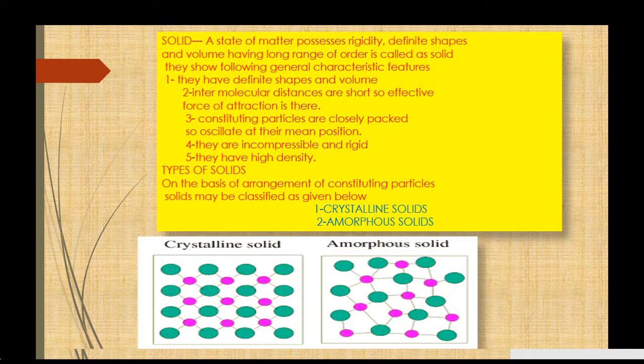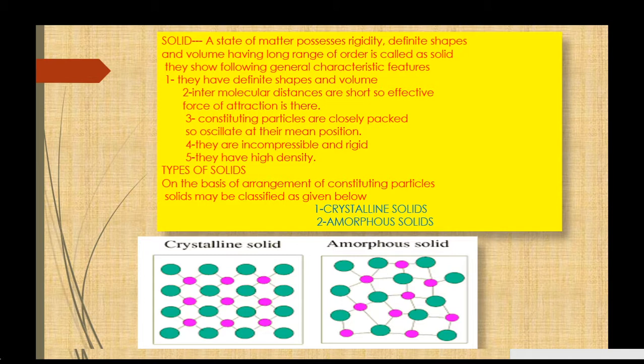If the physical state of a matter is solid, how can we say that the matter is solid? On the basis of these characteristic features which have been stated, we can say the state of matter is solid.